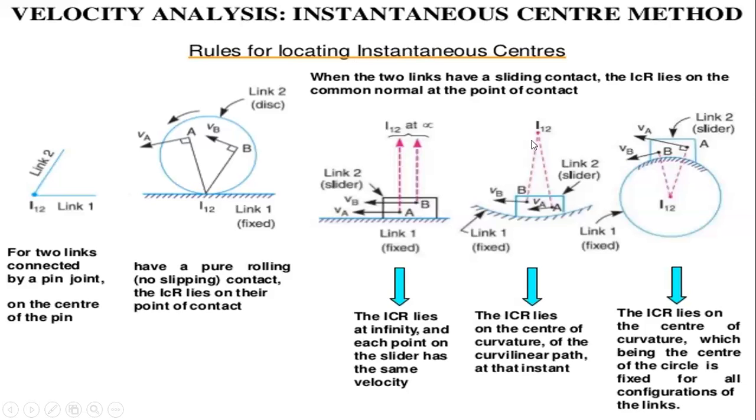This is the instantaneous center for both the points A and B. It is in the center of the curvature of the curvilinear path at that instant.